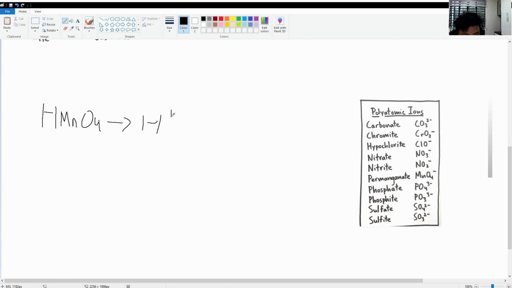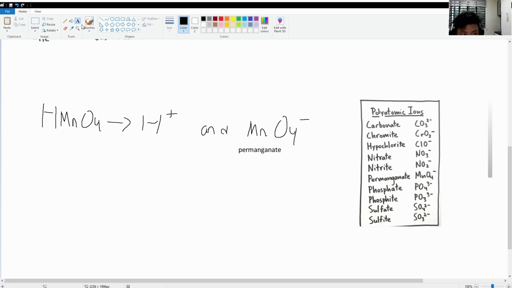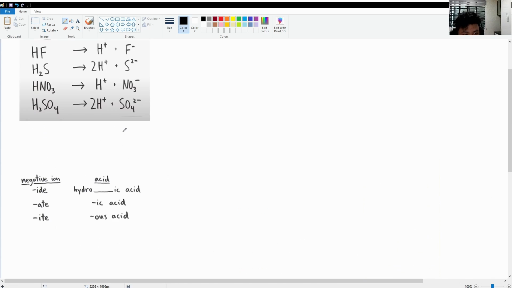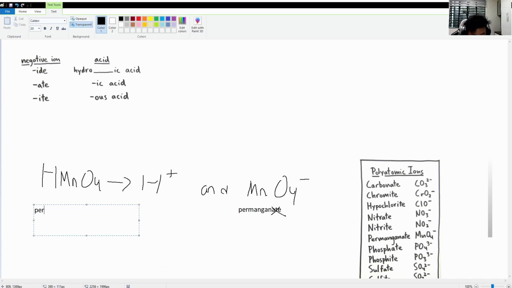Break this up, H plus and MnO4 minus. MnO4 minus is permanganate. Just take off the ATE and follow the rules, same as the previous one. So permanganate is going to be permanganic acid.